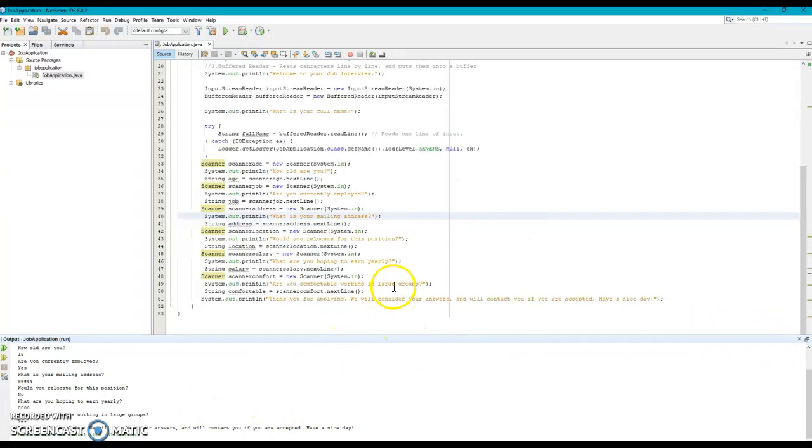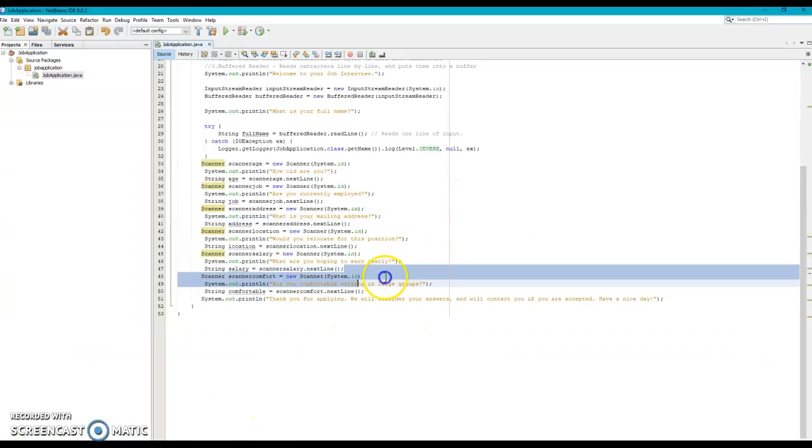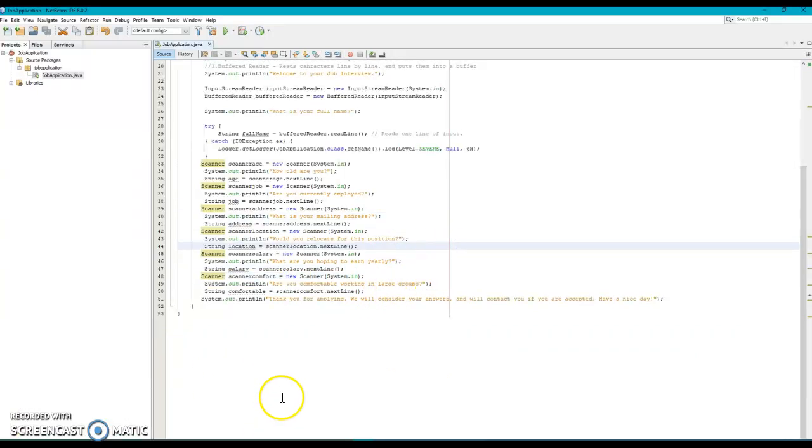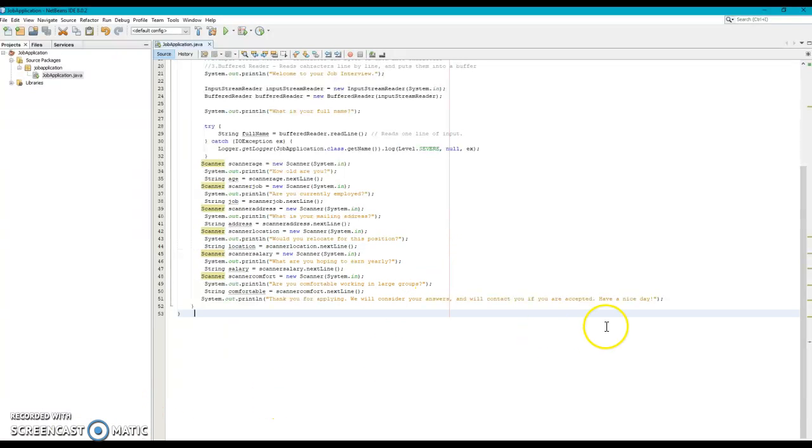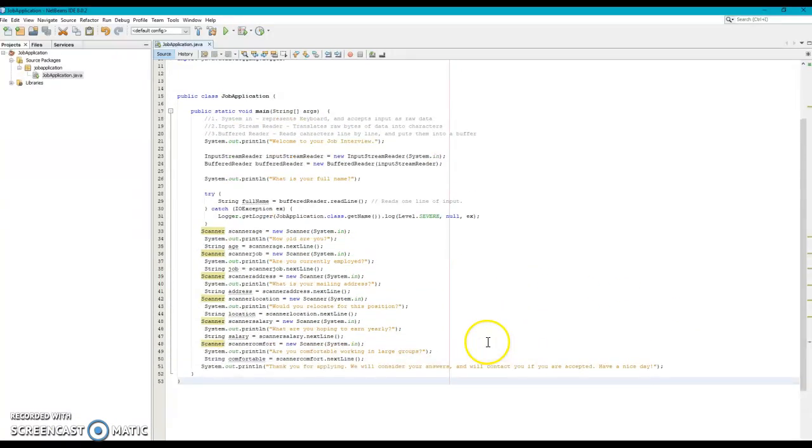I believe you asked me, actually, to, after we do input, print it out. But, I don't know, I just didn't. I know how to, it'd just be, yeah.